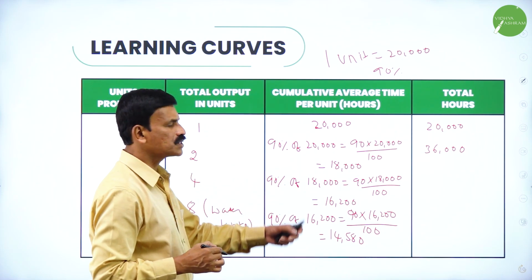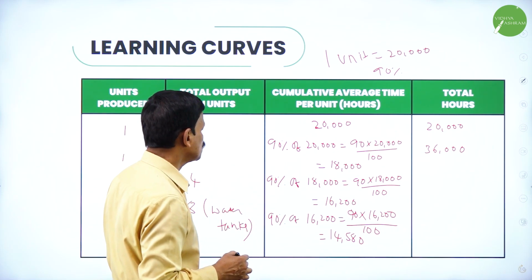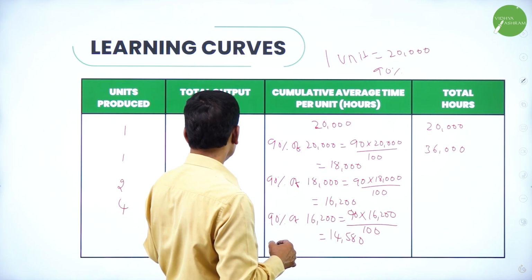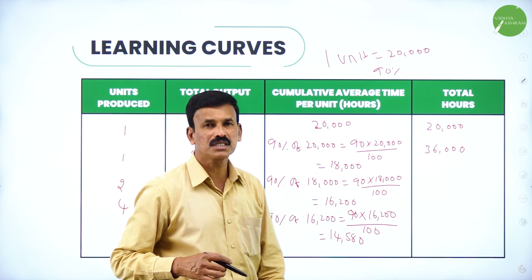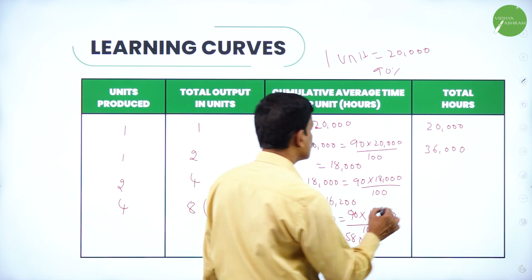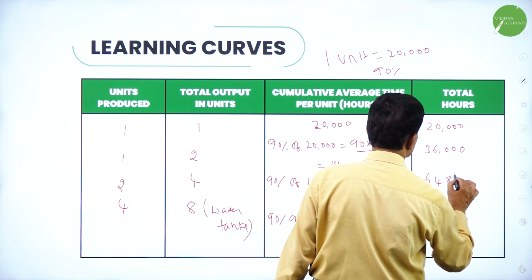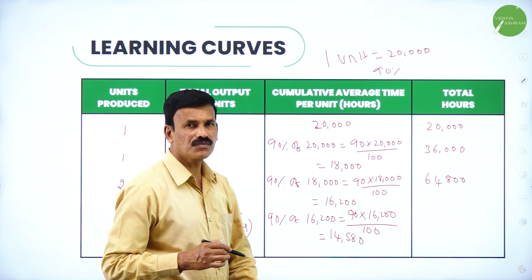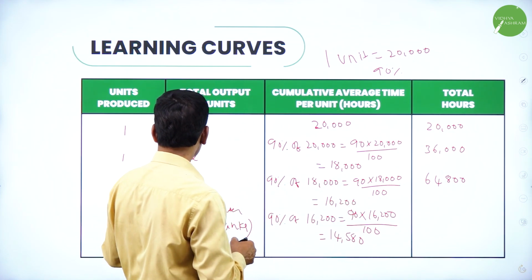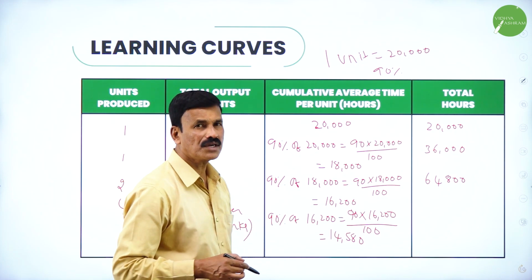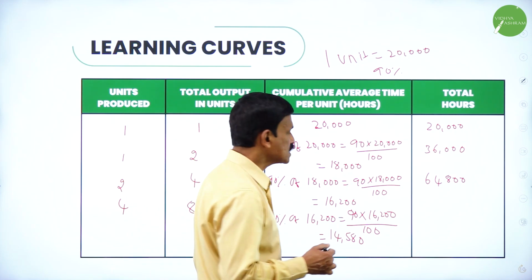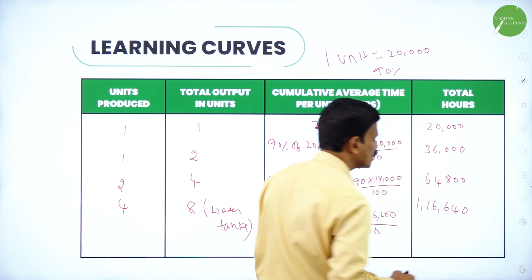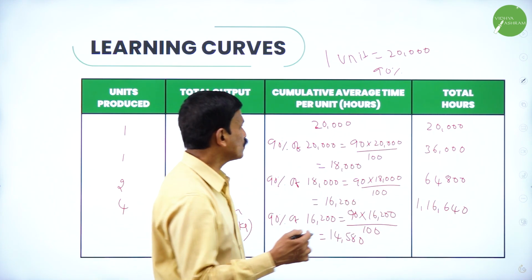Again 4 into 16,200 is 64,800. And the last, 8 into 14,580 is 1,16,640. Right.